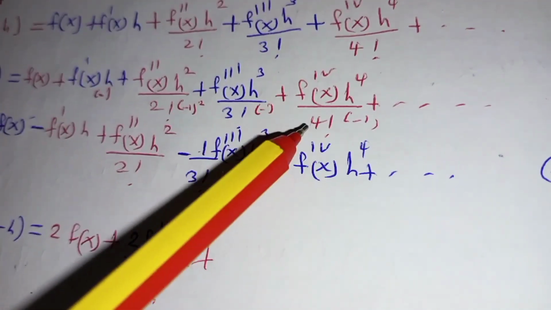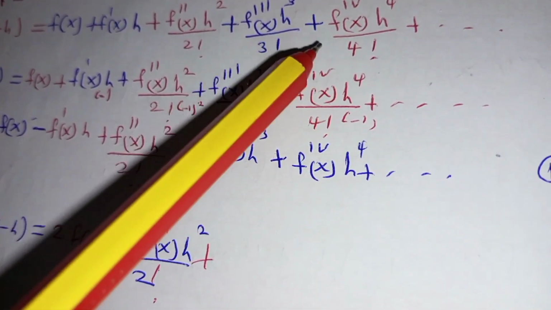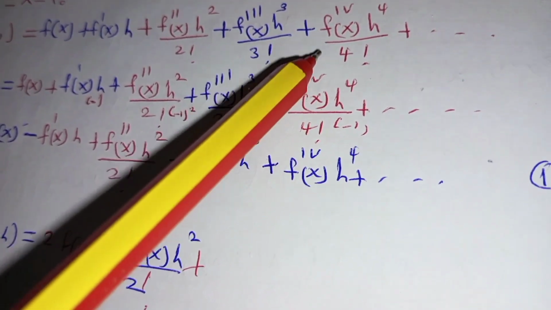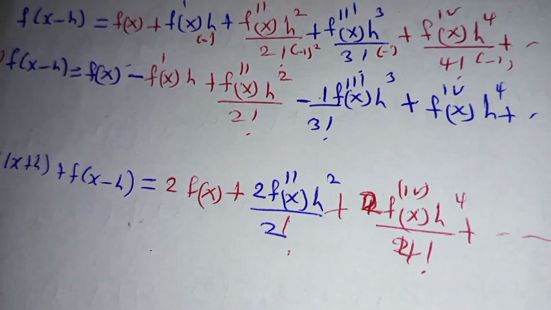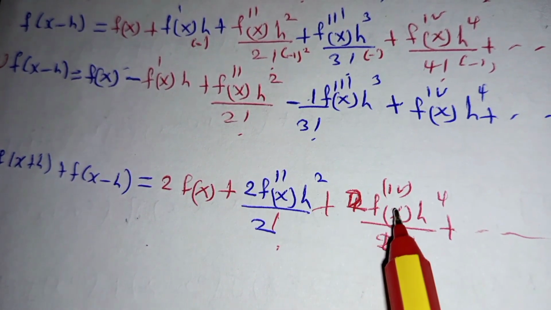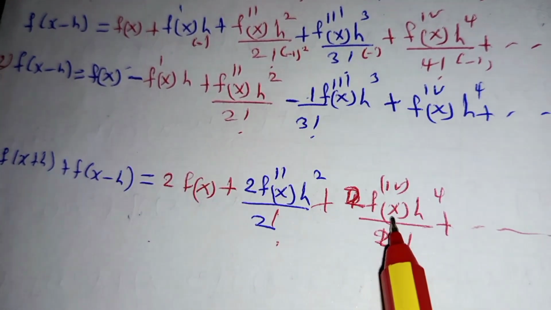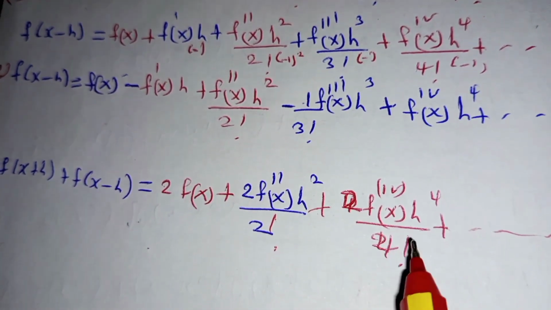Then for this other part here, we shall have 2 times the fourth derivative of f of x times h to the power 4 over 4 factorial.